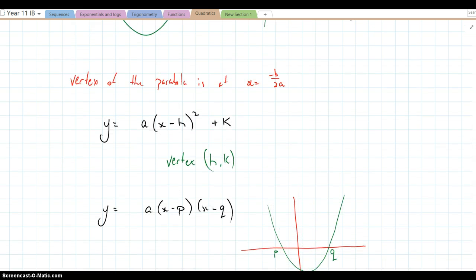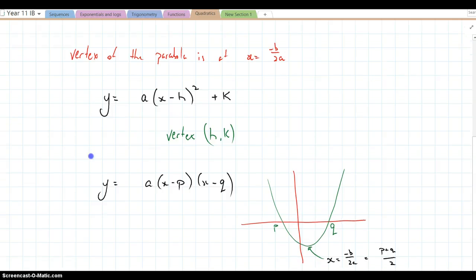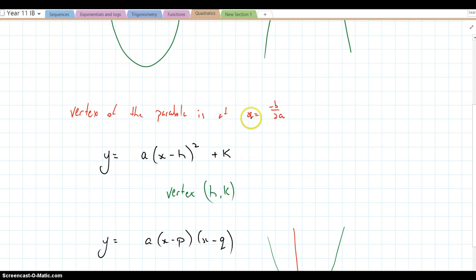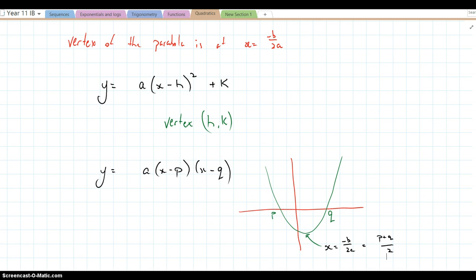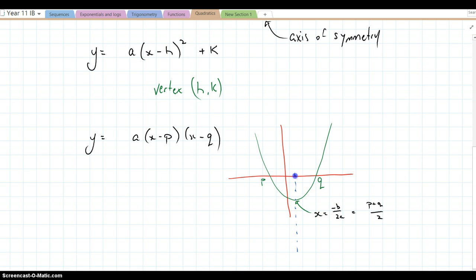Okay, so you're going to get some practice now over the next couple of exercises at sketching parabolas, sketching quadratics, and you're going to be using all these forms. So completing the square to write in vertex form, factorizing to write in factored form, and also just using x equals minus b over 2a to find what's known as the axis of symmetry, which is worth making a note of here as well, because as you will know, the parabola is a symmetrical shape.